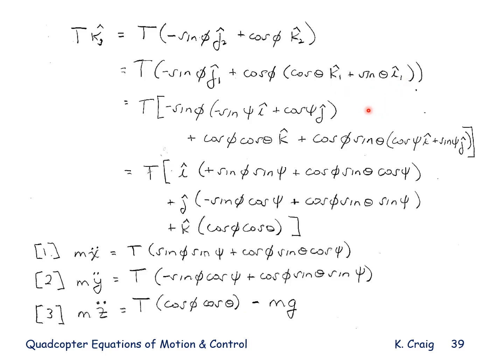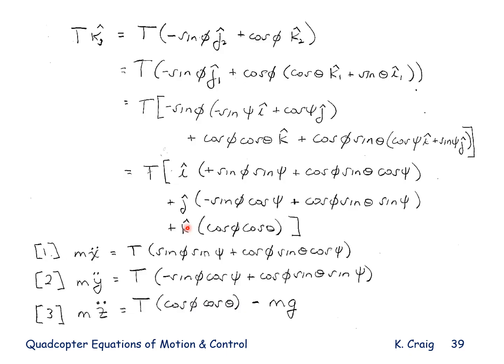I now can represent the J1 hat, K1 hat, and I1 hat unit vectors in terms of unit vectors I hat, J hat, and K hat, which are the unit vectors in the inertial reference frame. I then simplify this expression, and I have my thrust vector with the I hat, J hat, and K hat components, and the components are shown here in the parentheses for I hat, J hat, and K hat.